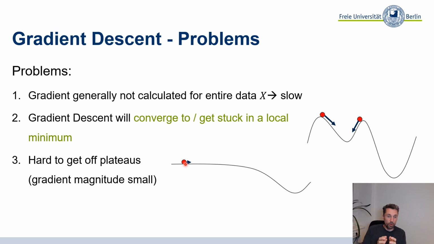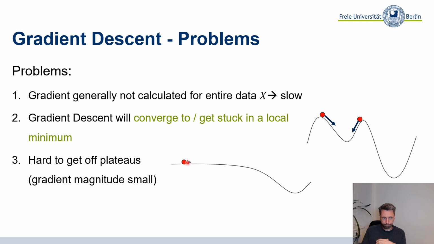This is true for the local activation function, but this is also true for the error at the end of this network. And it's really hard to get off because your gradient will be small, right? So the change that you add on to your weight will be very, very small.